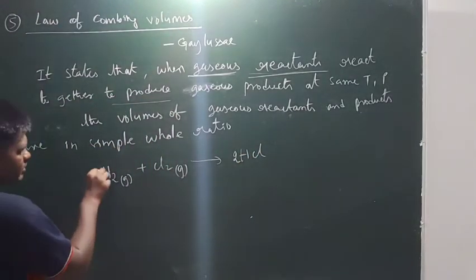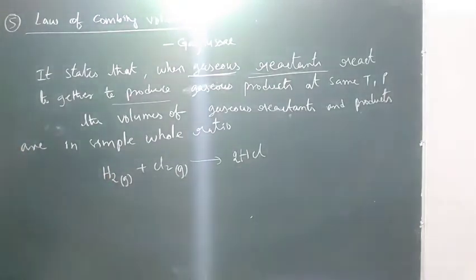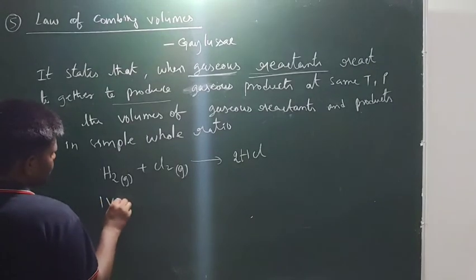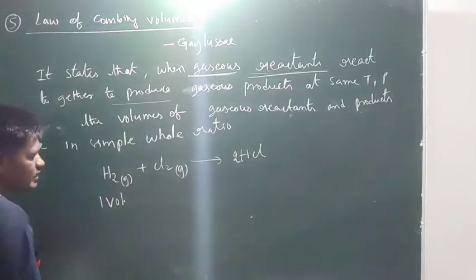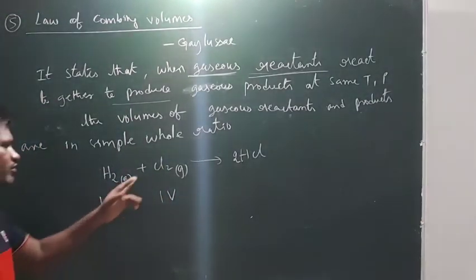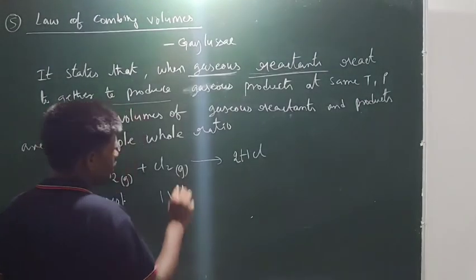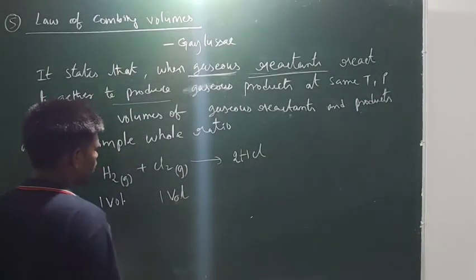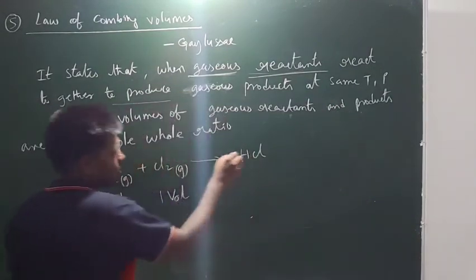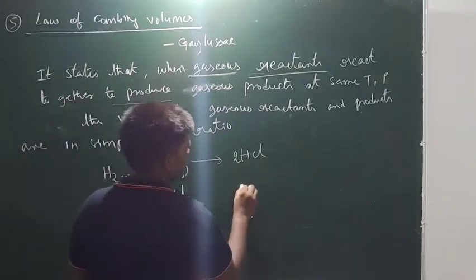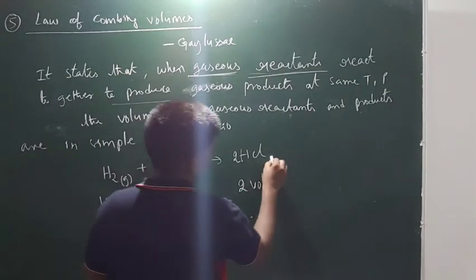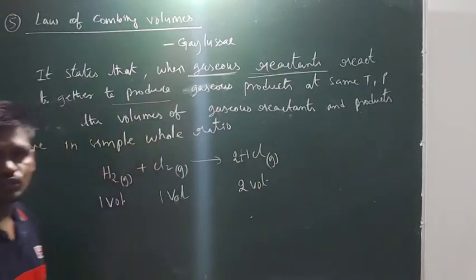If there is no stoichiometric coefficient, it means that 1 is present. So consider 1 volume of hydrogen gas combining with 1 volume of chlorine gas and giving HCl. Here we have stoichiometric coefficient 2. It means that 2 volumes of hydrogen chloride, or hydrochloric acid, are produced.